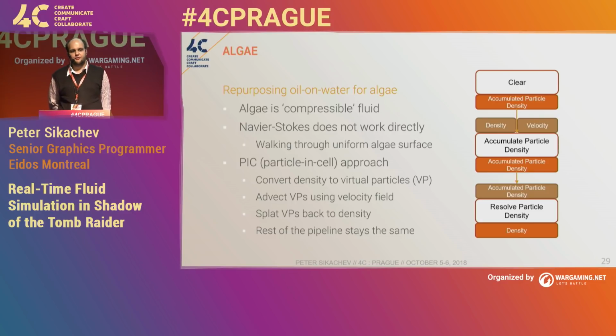It's a compressible fluid: when you walk through an algae area, it could clump together, which corresponds to compressing it. The Navier-Stokes equation doesn't really work directly. As a proof of concept, imagine a swamp covered uniformly in algae. If you walk through it with the standard Navier-Stokes simulation, you wouldn't see anything because it would all be uniform, and you need two fluids to have it mixed.